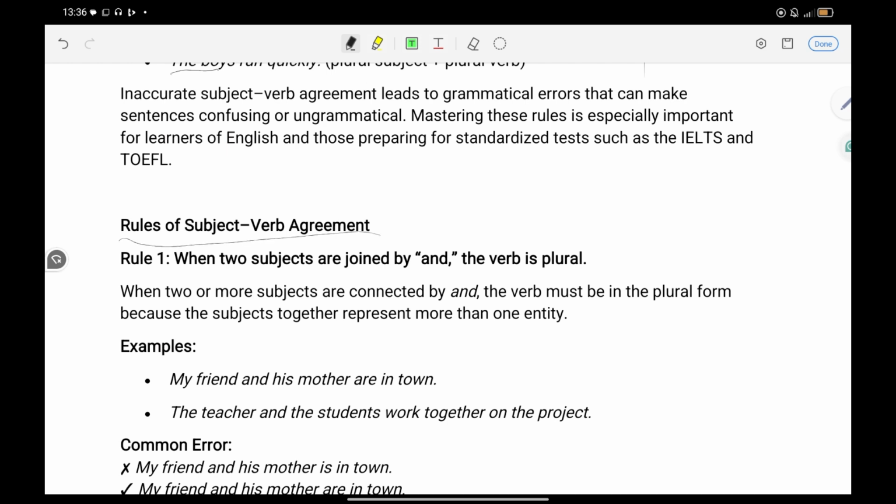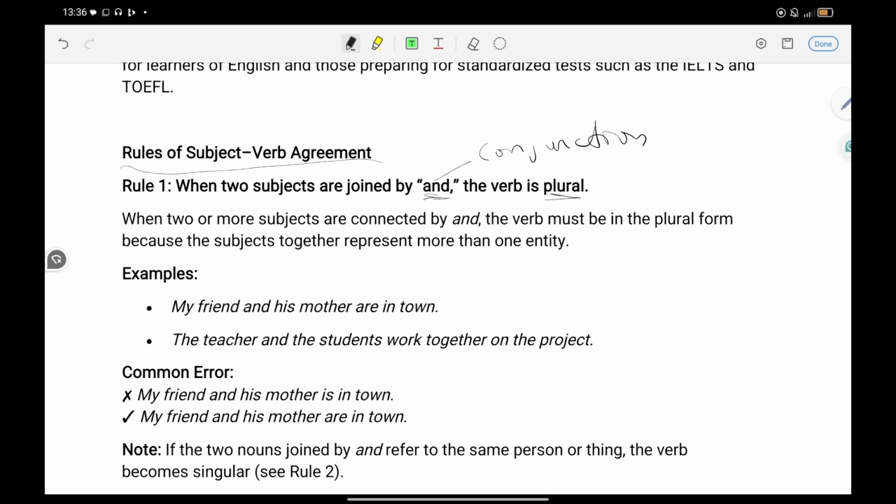Rules of subject-verb agreement. Now the first one, a popular one: when two subjects are joined by and, remember, and is a coordinating conjunction, the verb has to be plural. So we have my friend and his mother are in town.